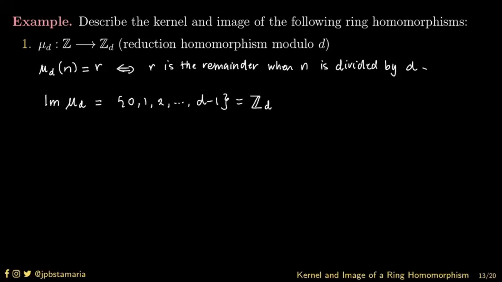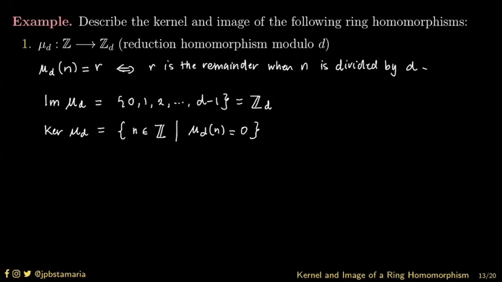On the other hand, when you look at the kernel, ang kernel naman, lahat ito ng mga integers from the domain kung saan ang mu D of n is equal to 0. So kung babasahin mo sa English yung definition ng mu D of n, di ba, siya yung remainder when you divide by D. So kapag sinabing ang mu D of n is equal to 0, what does that say?